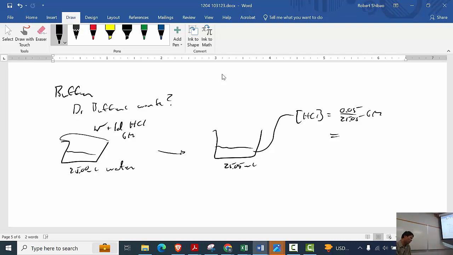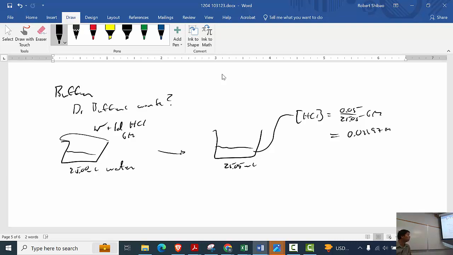And so 0.05 divided by 25.05 times 6. And the concentration changed dramatically because it was such a huge dilution. So now it's only 0.01197 molar, which is going to give us a pH of 1.92.